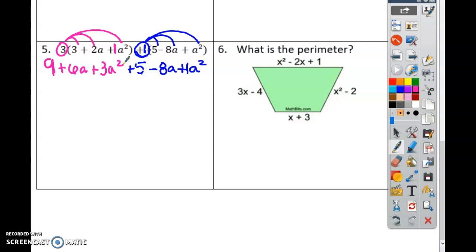Okay, then we combine like terms. So this one looks like this one. What's 3 plus 1? 4. So you have 4a squared. Then this one looks like this one. What's 6 minus 8?